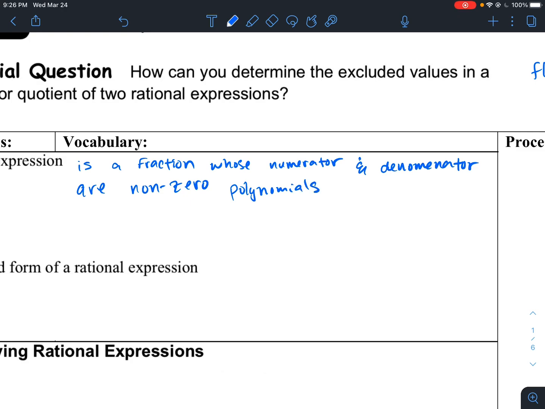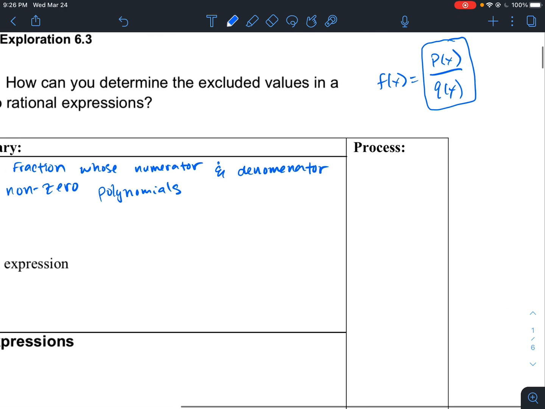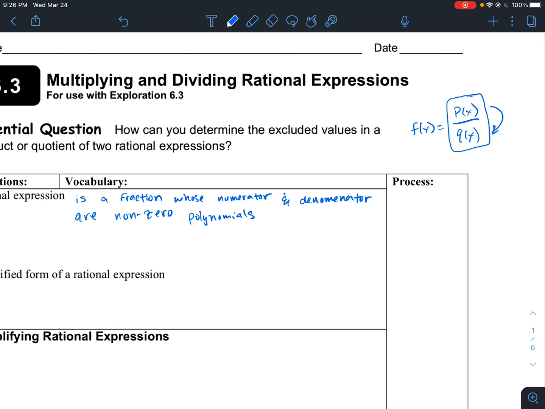So just like up here, you have a fraction, polynomials on both the numerator and the denominator, but they are not 0.